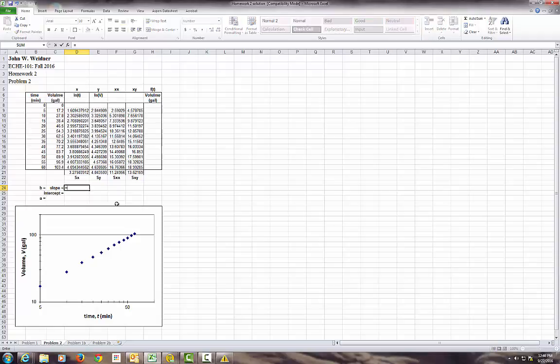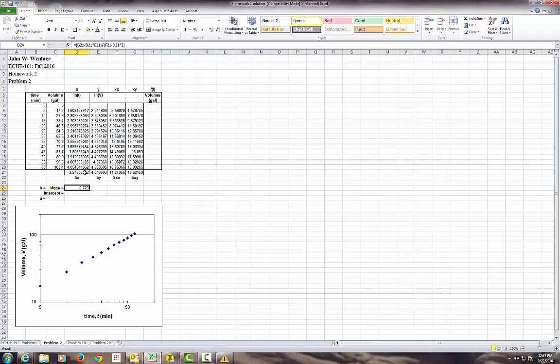If I look on my sheet, that's going to be G21 minus D21 times E21, close parentheses, divided by F21 minus D21 squared.